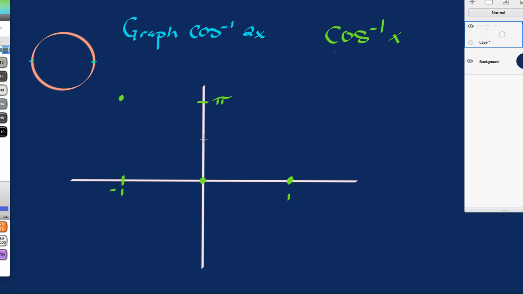It crosses at pi over 2, and then we just had a little bit of a curve. It comes down here and goes down there.